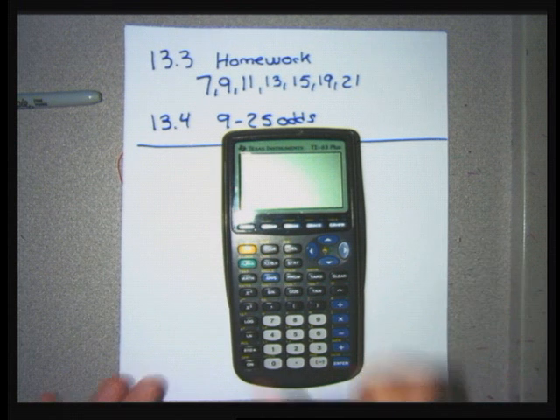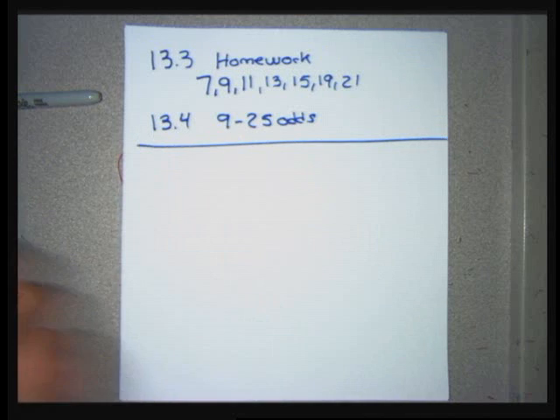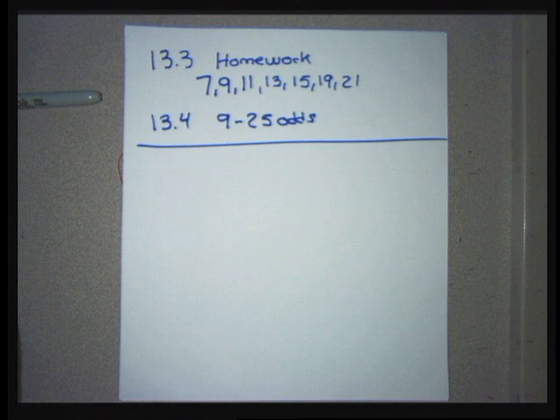There are some computations in 13.6 that are not really that fun to do by hand. So if you're going to watch these videos back to back, you'll be happy to have your graphing calculator handy.